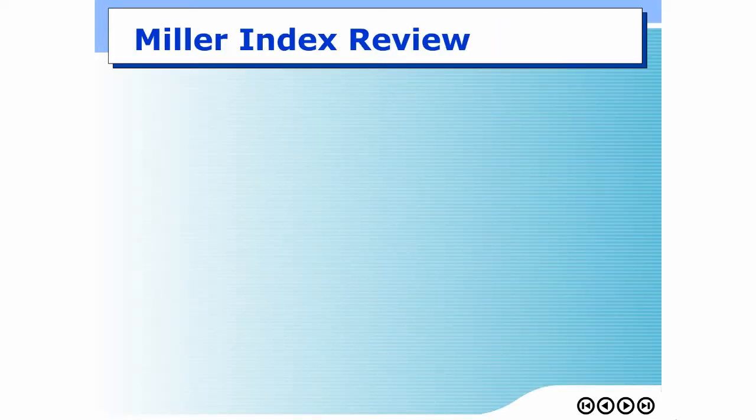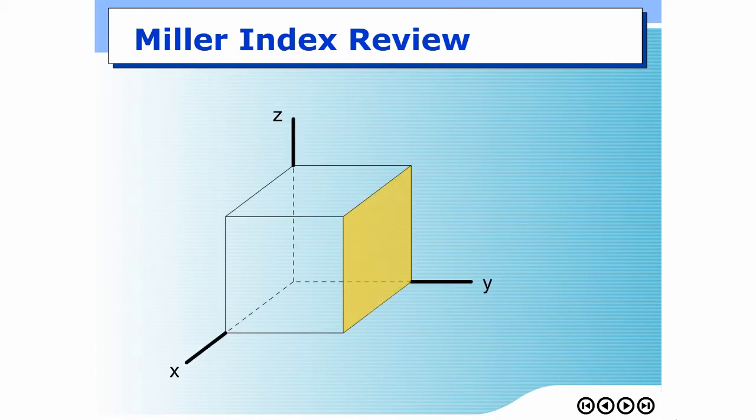Once you understand the arrangement of atoms in space, then you have to understand planes, which give you the arrangement on a specific surface. The plane in three-dimensional space is defined by three numbers called Miller indices.